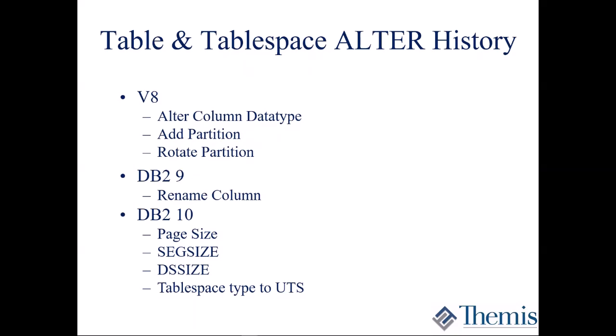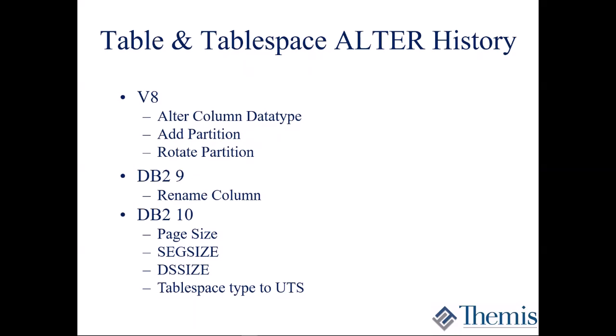So things like the page size of a table space. You're currently on 4K pages in a 4K buffer pool. You want to go to 8K, you can do that now. Changing seg size or DS size of the underlying objects. First time we were able to do that without a drop. We can also migrate legacy table space types to universal with a bunch of rules.